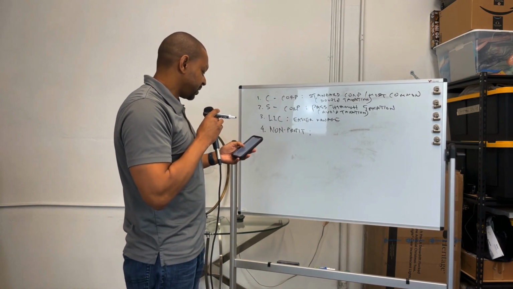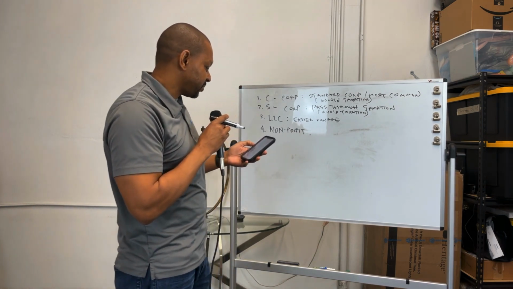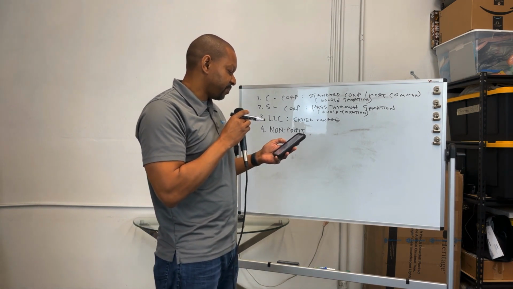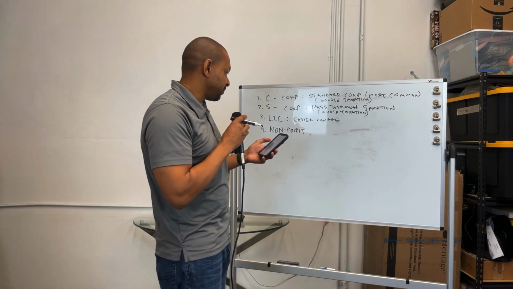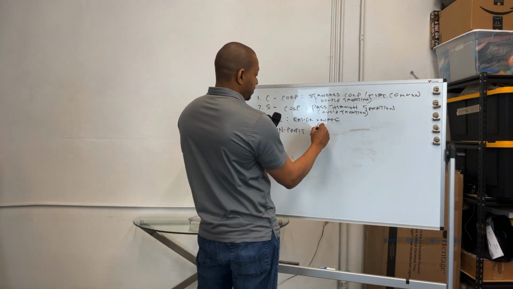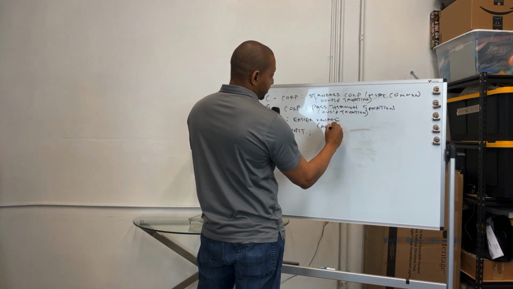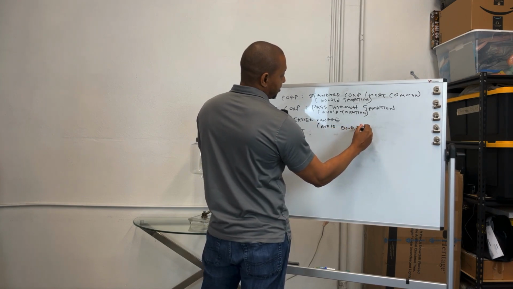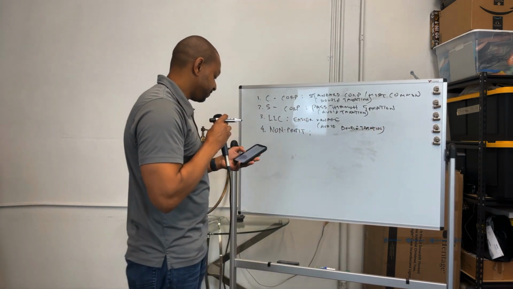Then you have the LLC. The tax consideration for the LLC is pass-through taxation. It helps avoid double taxation. Profits and losses are reported on members' personal tax returns, which can be beneficial depending on the individual tax situation. So the LLC also avoids double taxation because you're filing on your personal tax return as well.